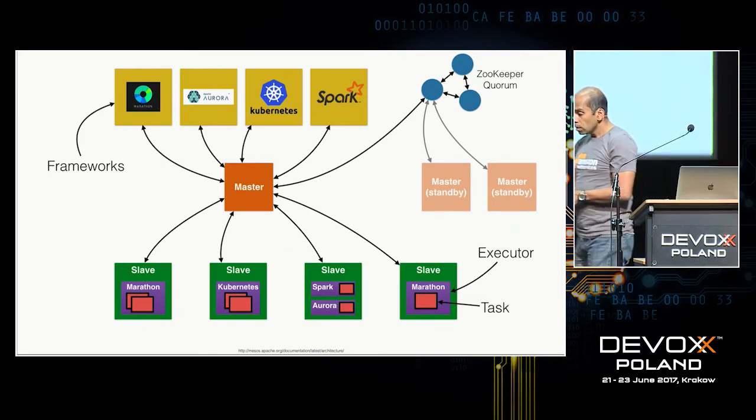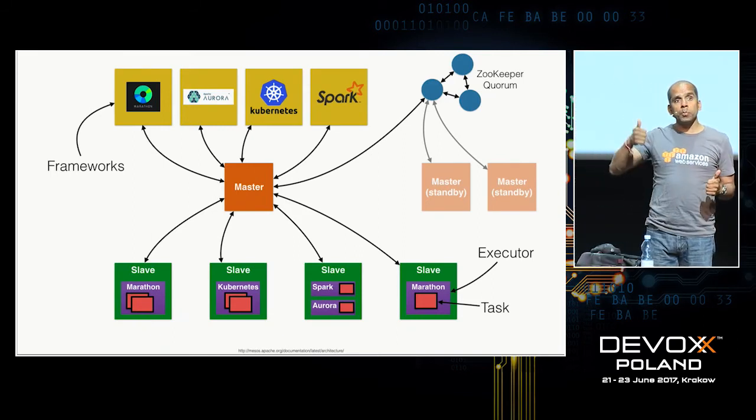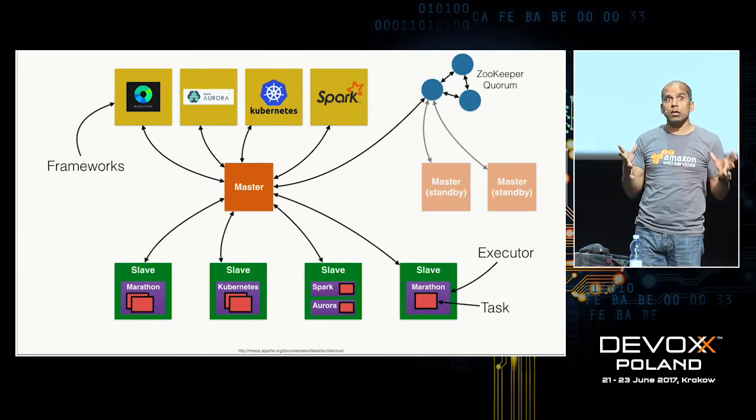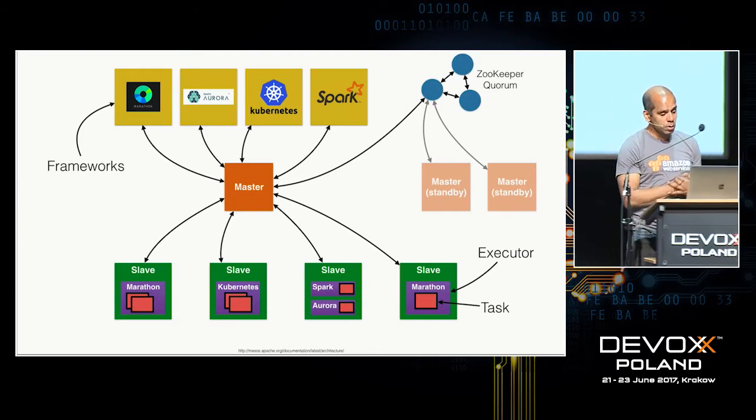Or if you're thinking, hey, I want to be able to run my Hadoop and my Spark and my Kafka and my Docker containers all together as part of a single framework, then you can look at Mesos as one of the things over there as well.